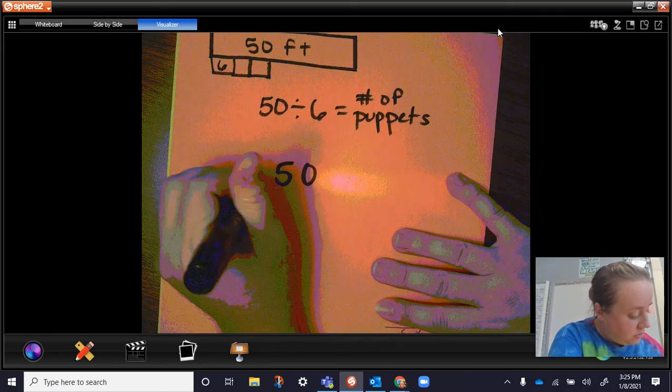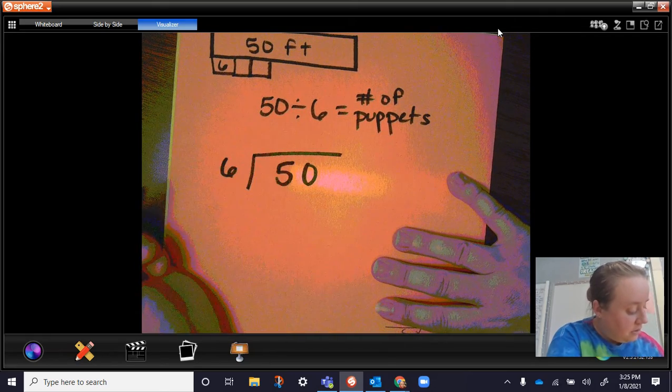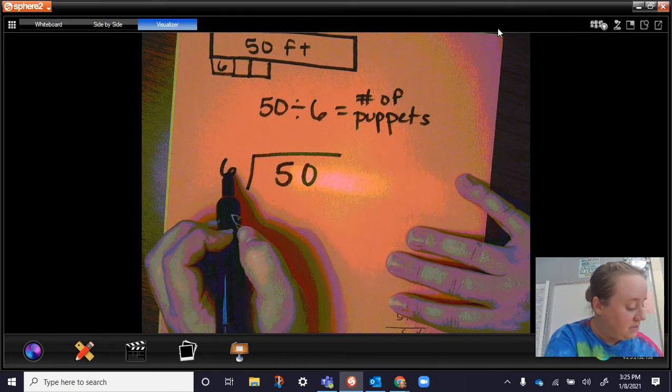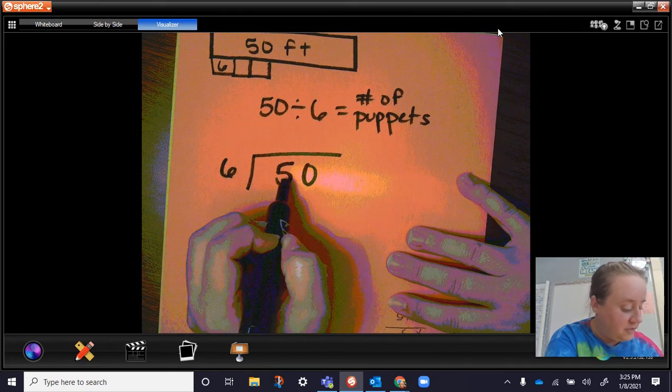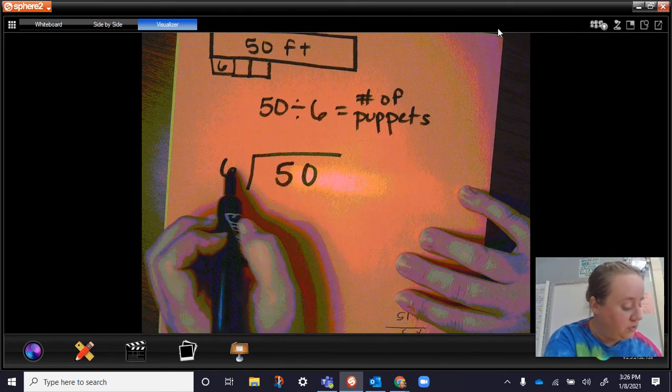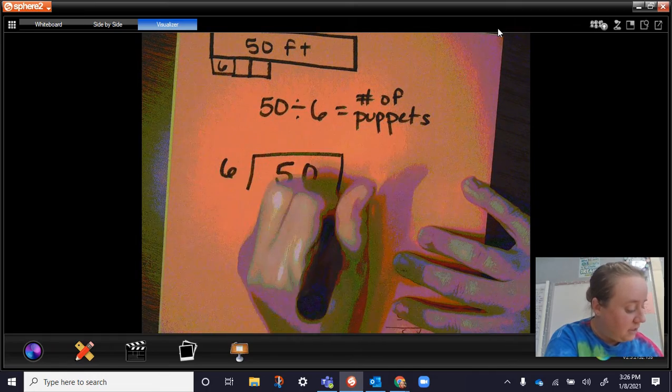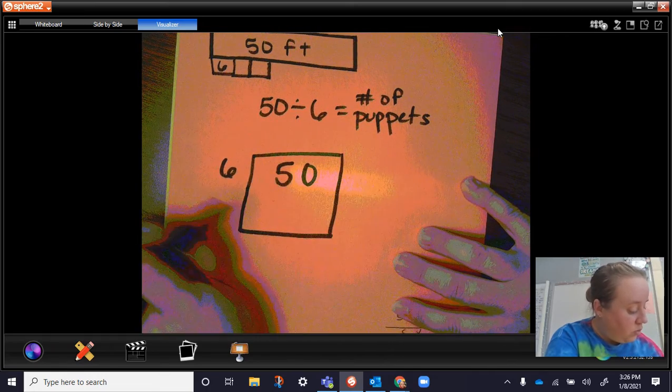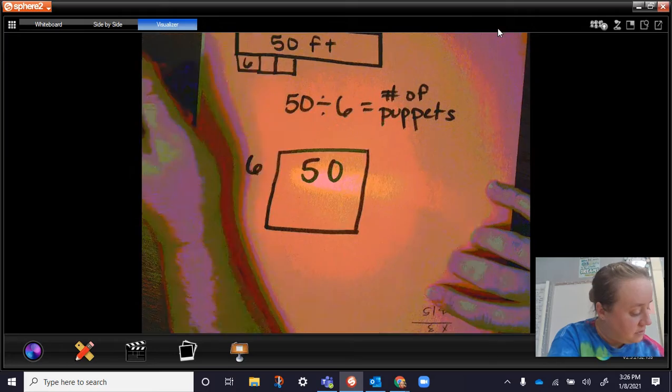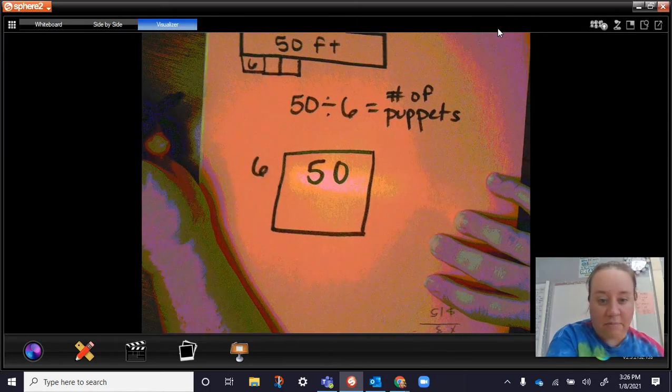So we divided 50 divided by 6. Here I know that 6 doesn't go into 5, so I'm going to do groups of 6 into 50. When I do my groups of 6, I'm going to skip count.